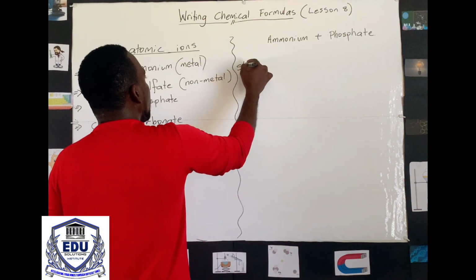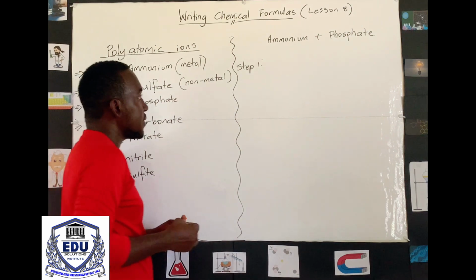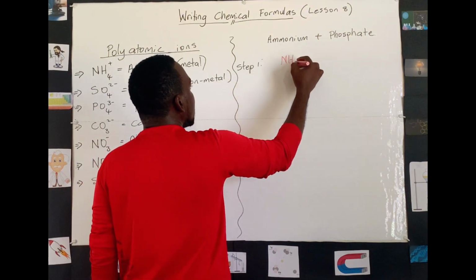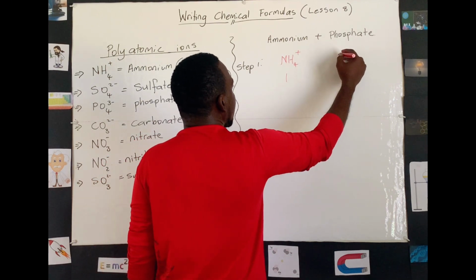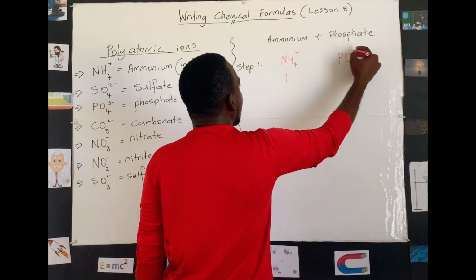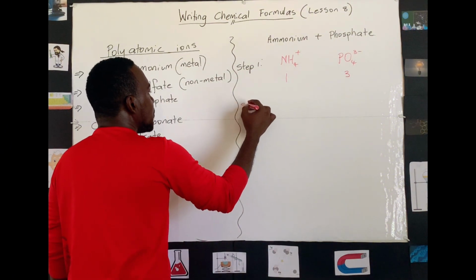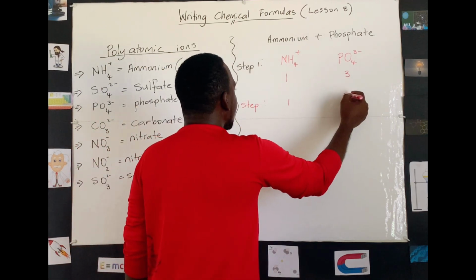So remember, step 1 is to check on their valencies. So for ammonium, let's just write the formula. NH4 plus, so that's just 1. And phosphate is PO4, 3 minus, so that's 3. The next step is to put them in their smallest form, which is still just 1 and 3.